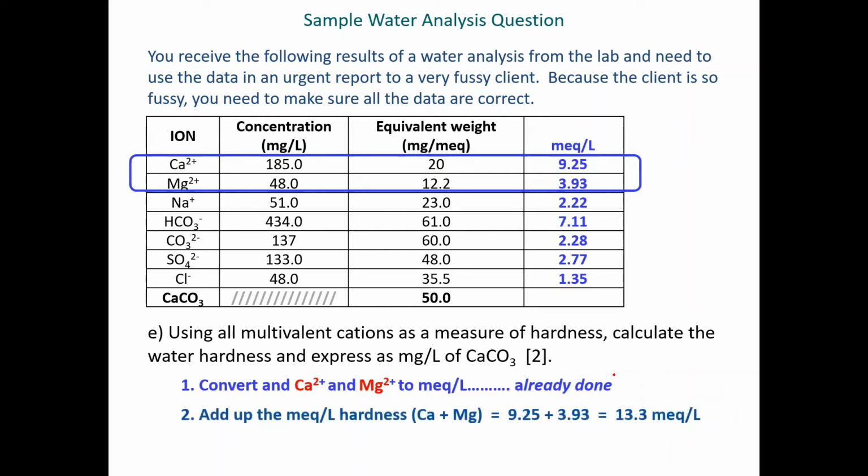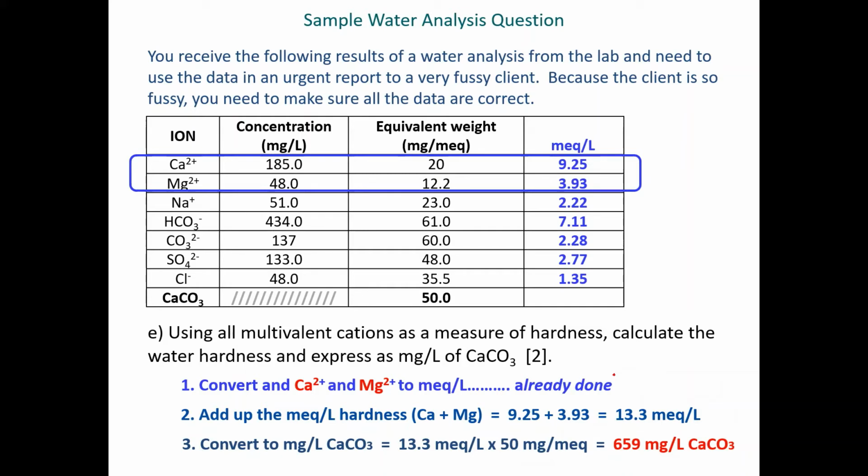So step 2 is adding them up, right? So 9.25 plus 3.93. 13.3 milliequivalents per liter. And then the last step, we need to use the equivalent weight of calcium carbonate, and we're going to convert these milliequivalents per liter of hardness.